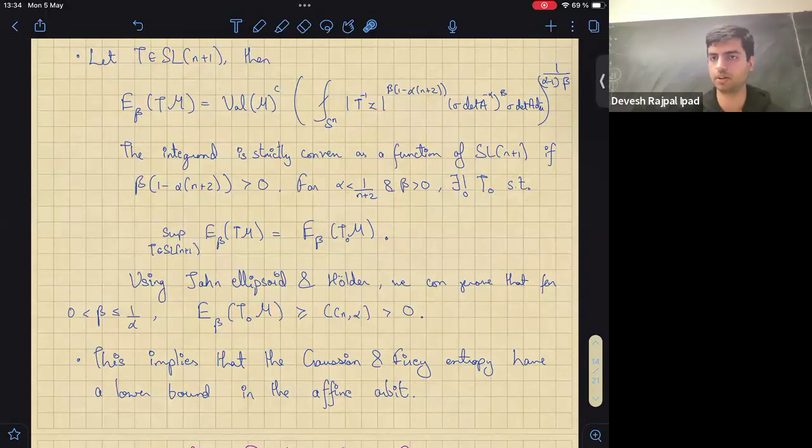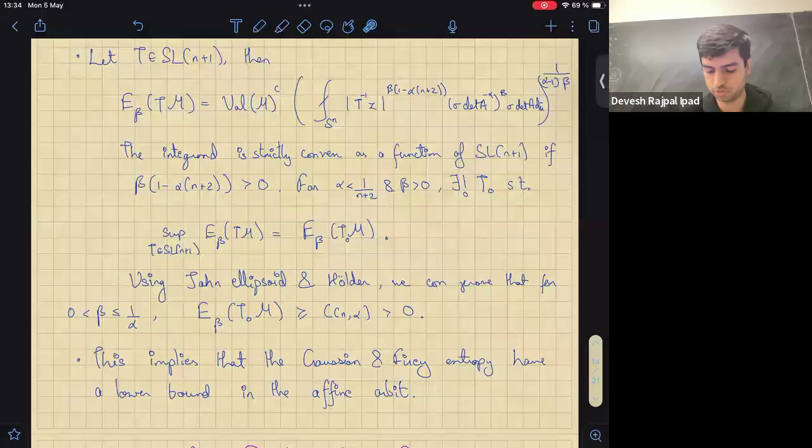So this is the absolute value of T inverse applied to that normal, raised to the power beta times 1 minus alpha times n plus 2. And you see, if I plug in alpha equals 1 over n plus 2, this quantity is 0, which means it corresponds to an affine invariant entropy.